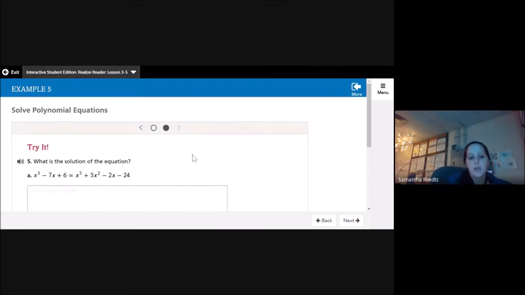What is the solution of the equation x cubed minus 7x plus 6 equals x cubed plus 5x squared minus 2x minus 24? So I need to write this so it equals 0. So I have x cubed minus x cubed minus 7x minus 5x squared plus 2x plus 6 plus 24 equals 0.